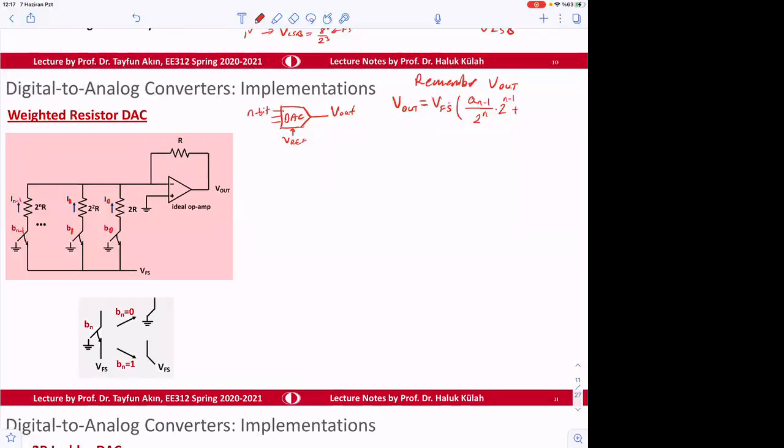Plus A0 divided by 2 to the power n, times 2 to the power 0, sorry.